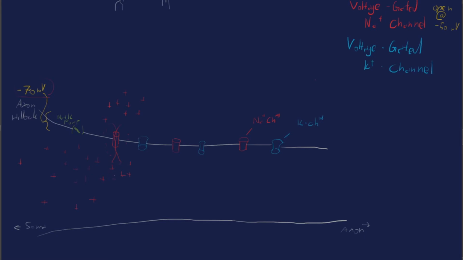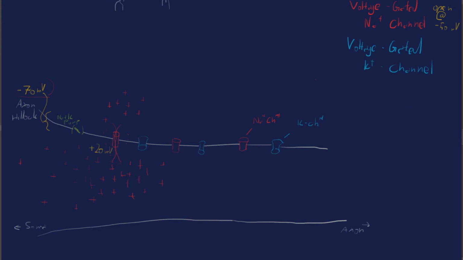Now you will have a huge increase in sodium ion concentration, and also a huge increase in the voltage. Okay, and so here in this area, instead of minus 70, you might actually get to 0 and maybe even positive numbers, let's say up to plus 20 millivolts here at the area of the voltage gated sodium channel.